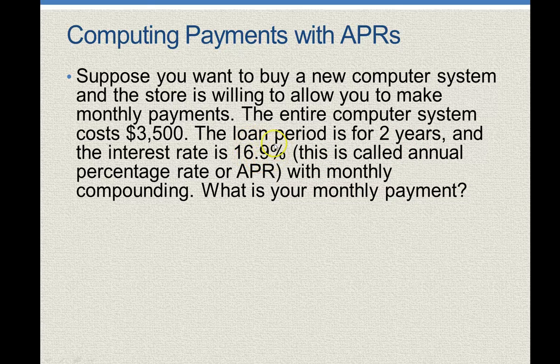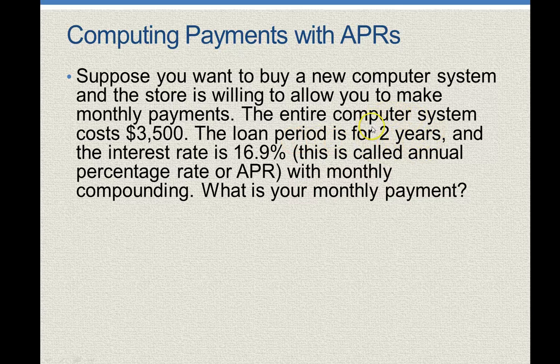And for the interest rate, we have to work with the monthly interest rate, 16.9% divided by 12. Here I want to remind you, do not round this number. If you round that number, you may get a final answer that can be significantly different from the correct answer, because the interest rate has a dramatic effect on the final answer, especially when the number of payments is large.